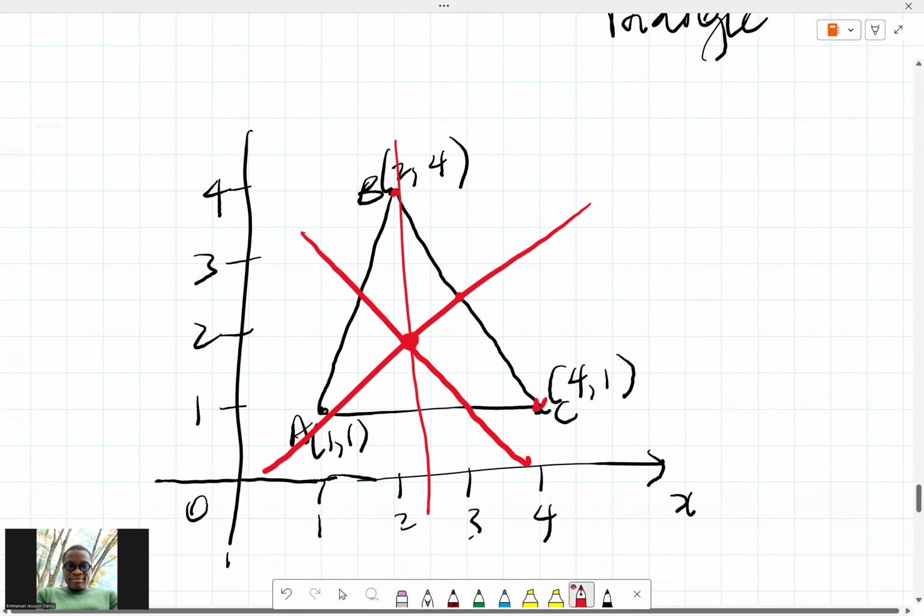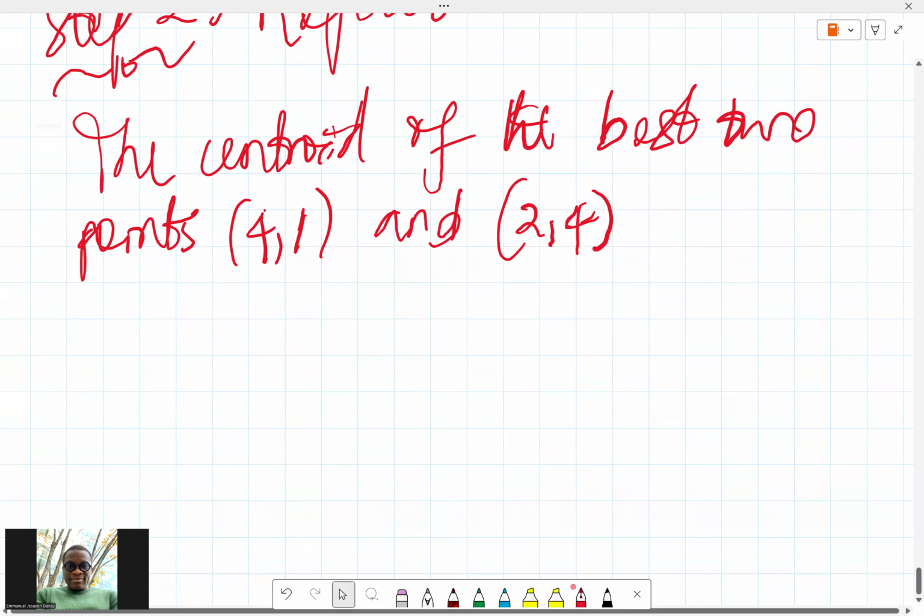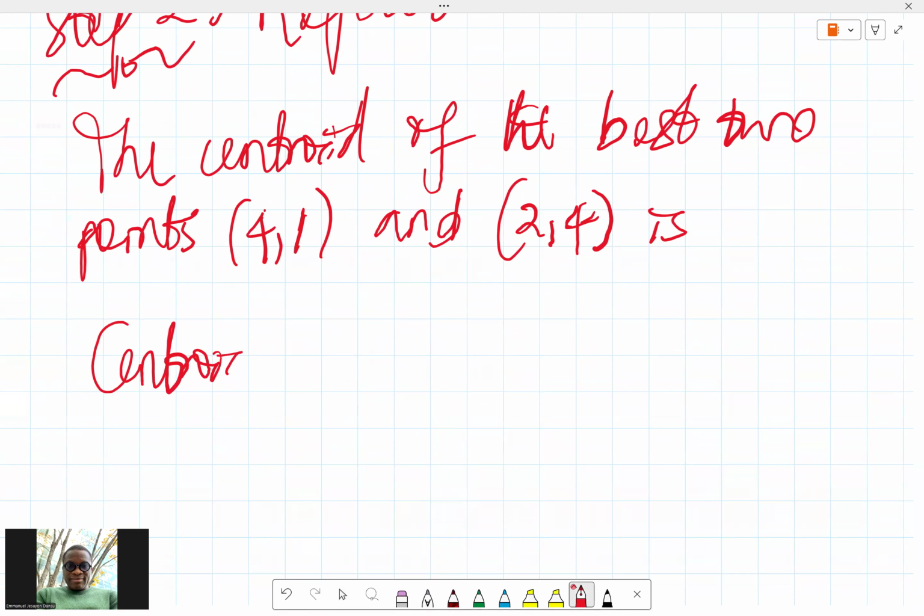So this is their centroid, the centroid of those two points. It's equal to, say x1, x2, y1, y2, more like the midpoint of the line.